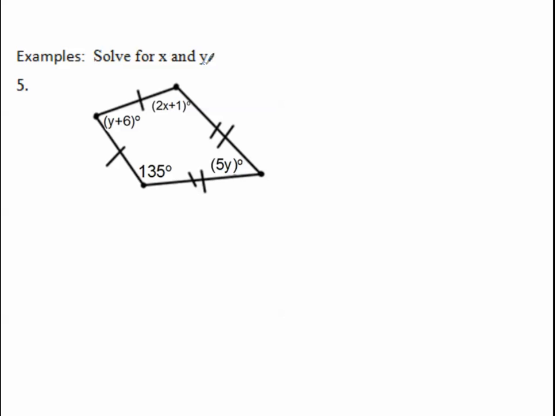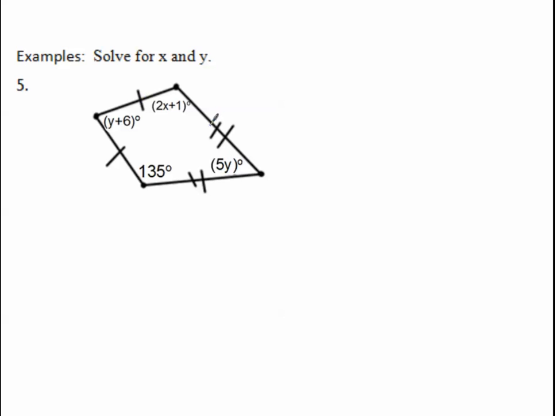Solve for x and y. Well, first of all, I notice that this isn't just any quadrilateral, this is a kite. I see a pair of consecutive sides are congruent and a second pair of consecutive sides are congruent. So the first thing that I do is I notice the x and y are in the angles. They say degrees. Therefore, I think, what do I know about a kite's angles?